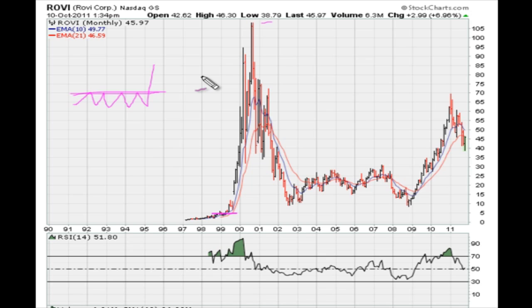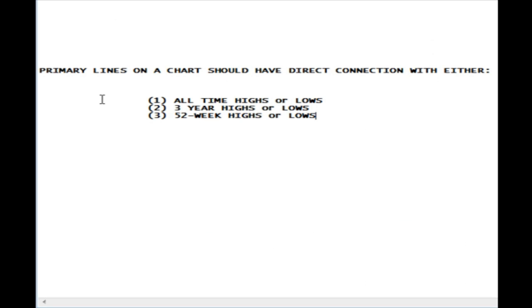Anyway, I think I've talked about primary lines for long enough that I believe you get the gist. You want your lines to connect to a major high. If that high is not one of these, then that line is not primary.